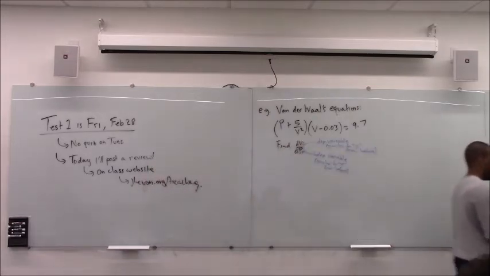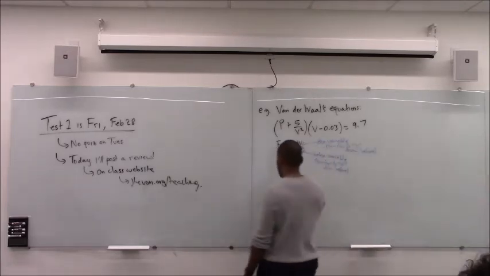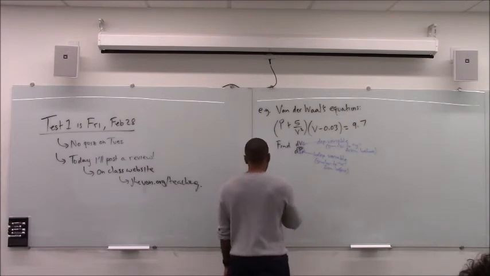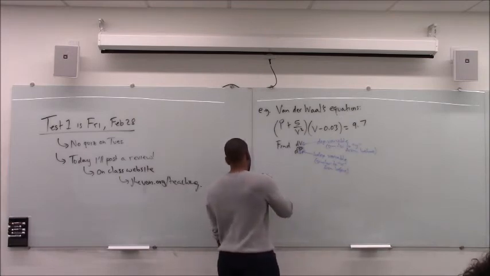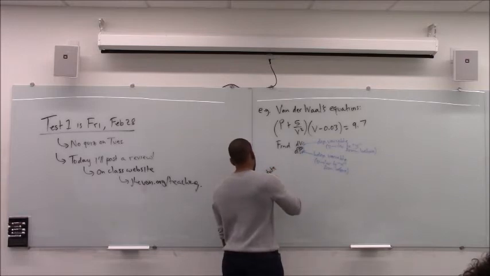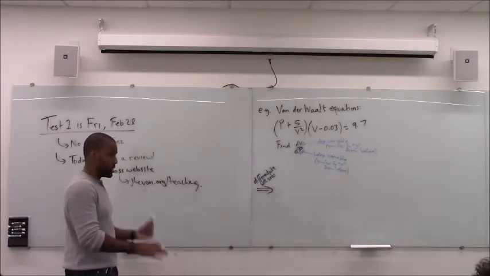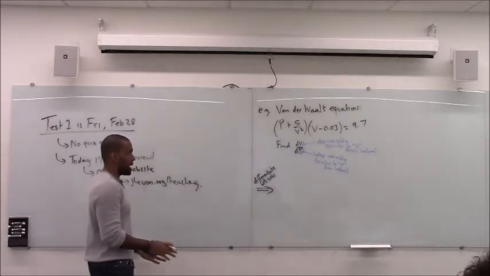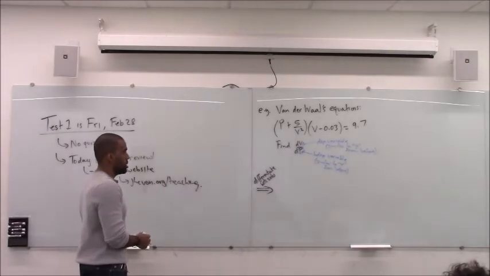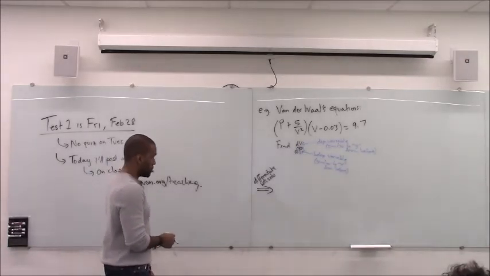Other than that, nothing else really changes. You differentiate both sides. All your derivative rules still apply: the product rule and quotient rule are still a thing, it's just the way you apply them that's slightly different.